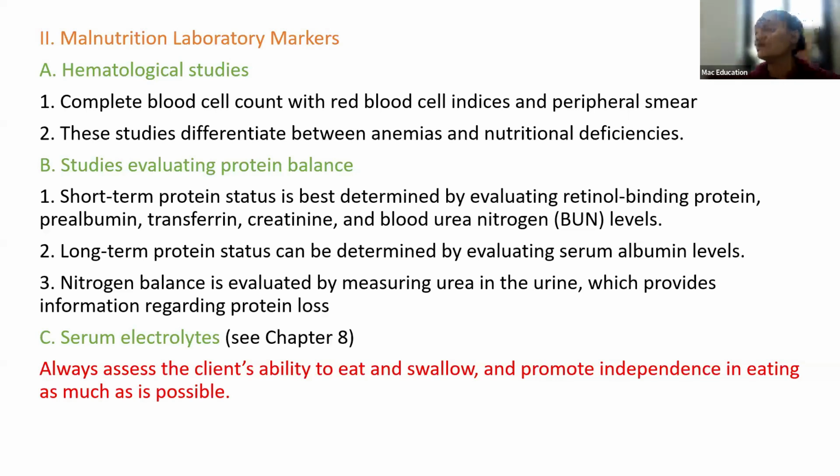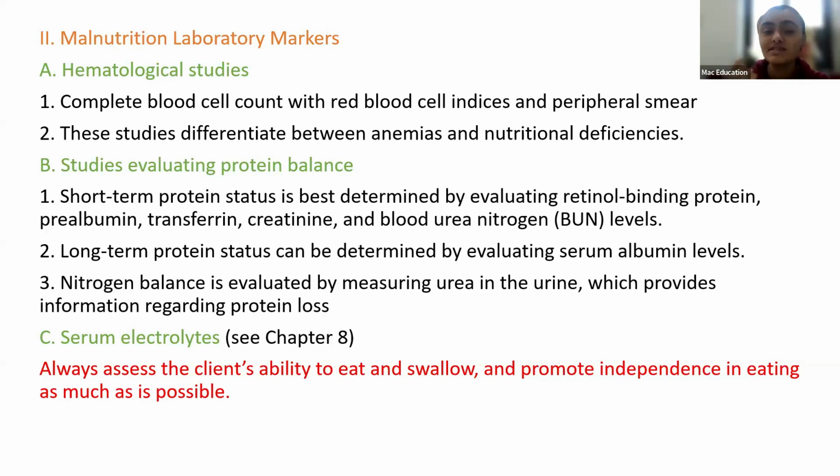What is the status of a person through some kind of laboratory test? These are called markers. For example, cardiac markers, liver function markers, renal function markers. So these are some tests through which you can identify the malnutrition or nutritional status of a person. First is hematological studies, that is blood studies.